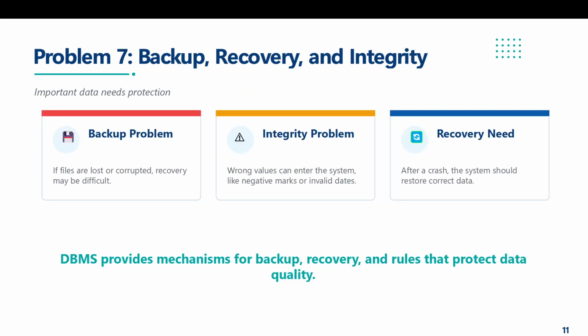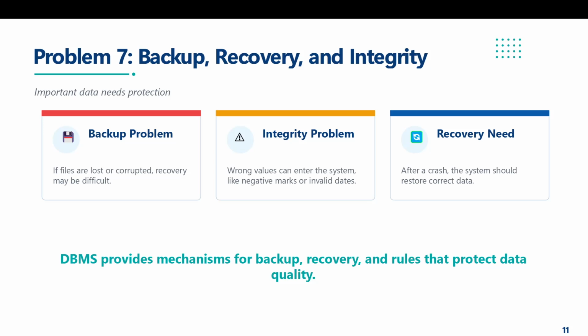And the next important problem is backup, recovery, and integrity. First, backup. Important data needs backup, right? If files are deleted, corrupted, or lost, maybe through physical damage, recovery may become difficult in a file system.